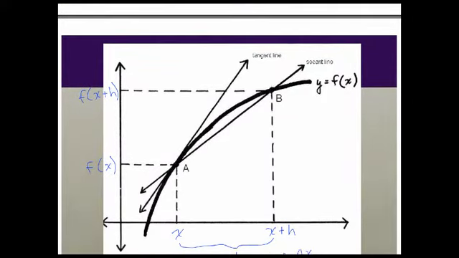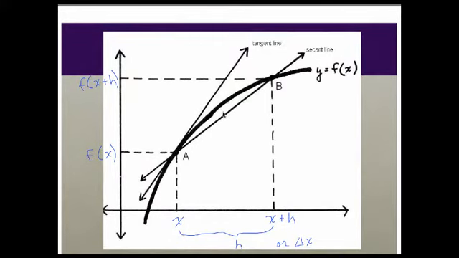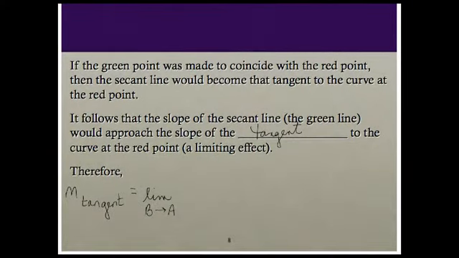If you were to envision this point B sliding down the curve towards that point A, hopefully you can envision how that h value is getting smaller and smaller. And as a result, the slope of that secant line is tilting towards what will eventually be the slope of the tangent line. So the way in which we can express that with the notation is to say the limit as that point B approaches point A, and we're taking the limit of all those slopes of those secant lines.